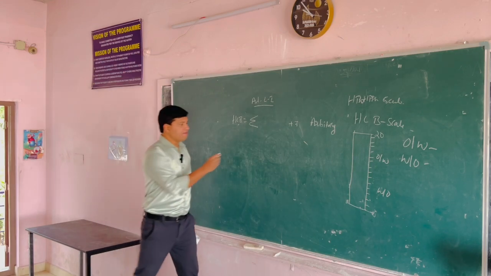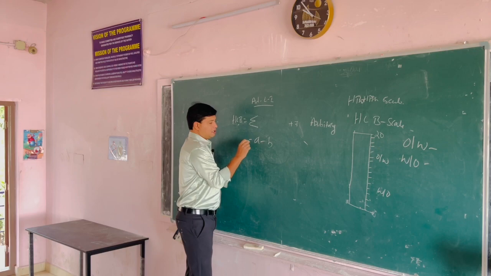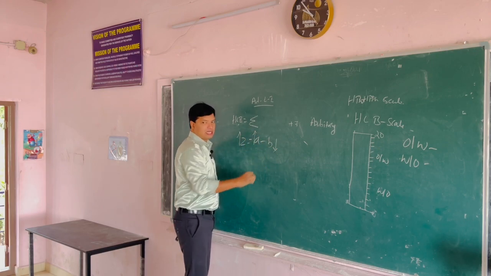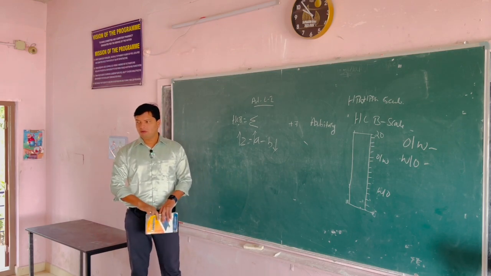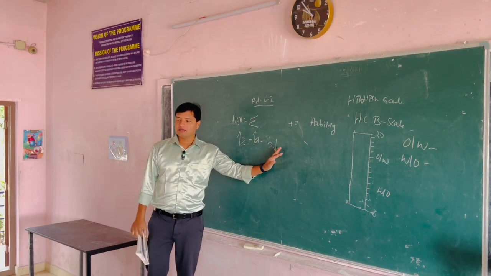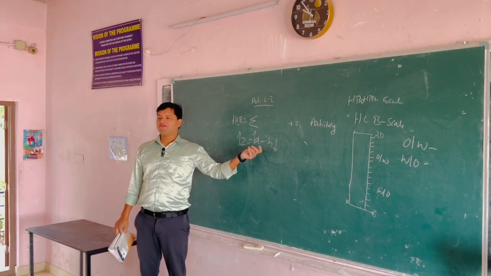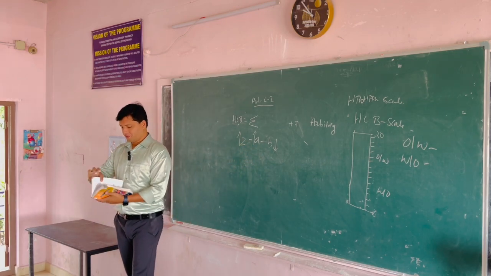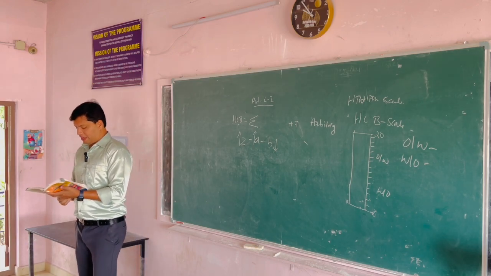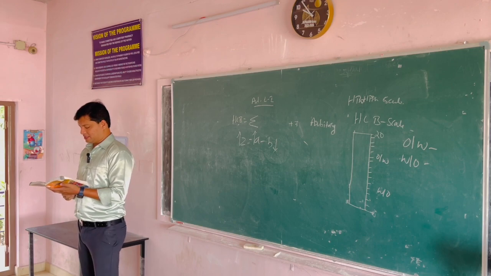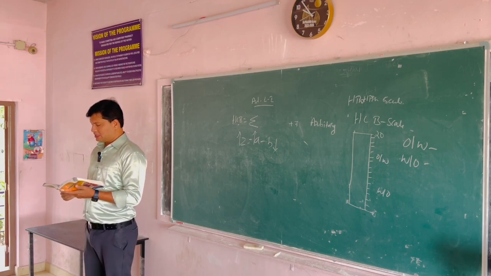See, if I say A minus B is equal to Z, the Z value is more when A is more and B is less. So obviously a higher HLB value indicates more hydrophilic groups. Okay, write an example. Example is SLS.